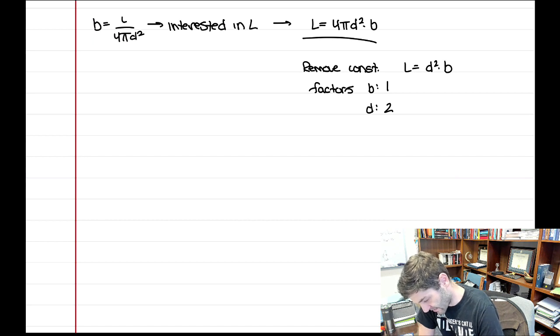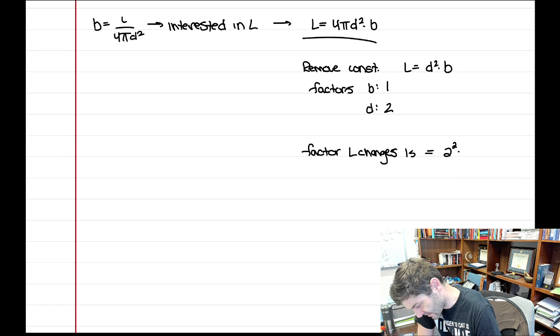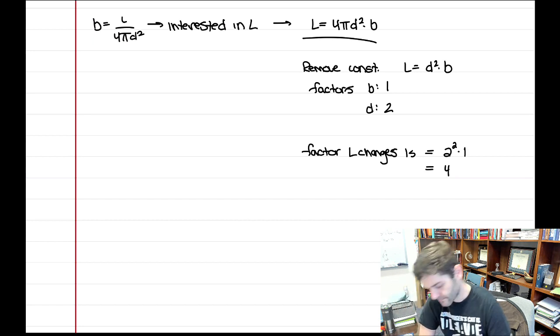Then we just plug in the factors. So the factor L changes is equal to, it looks like it's d squared, so 2 squared times B, which is 1, and that looks like it's 4.